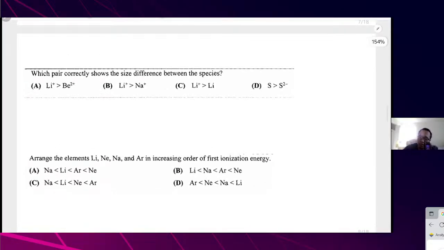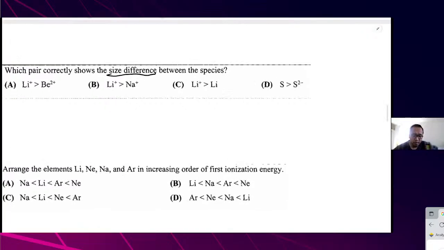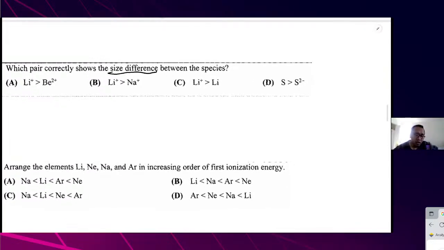We already talked about the atomic radius, and this should be a pretty similar concept. However, over here we have cations and anions.